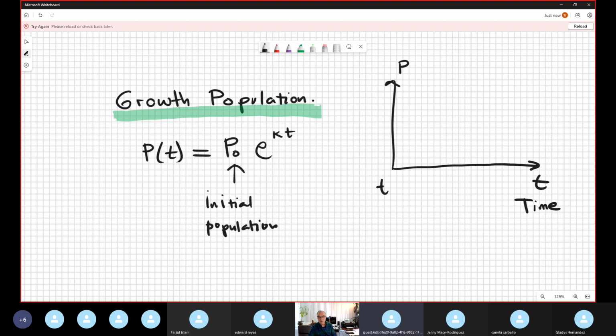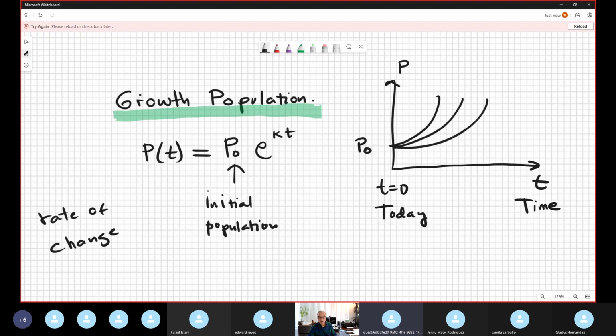We start at t equals 0, with no negative part. This is today. P null represents the initial population, and this is exponential, and K gives the rate of change of this exponential, like a velocity. So actually we have a family of different exponentials. However, in my problem, I have only one.